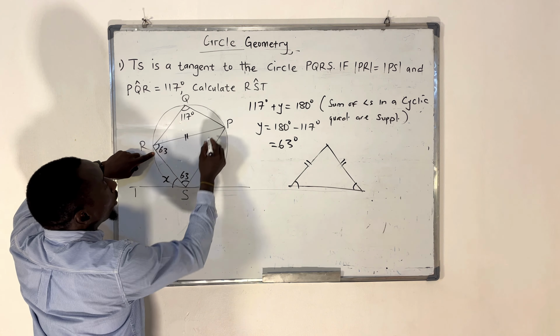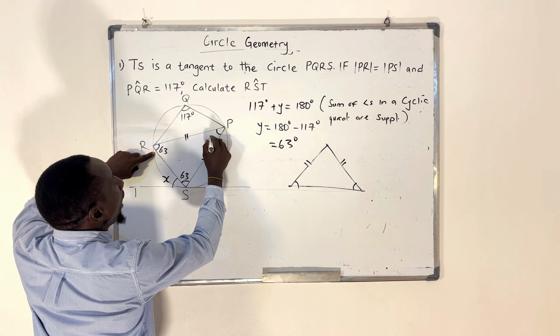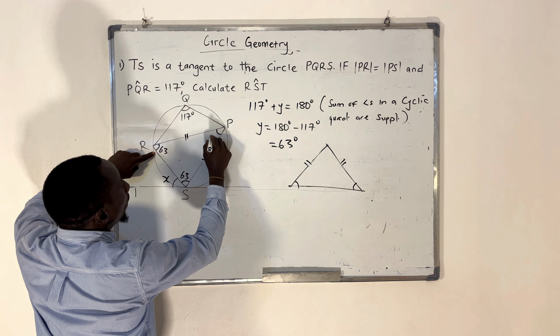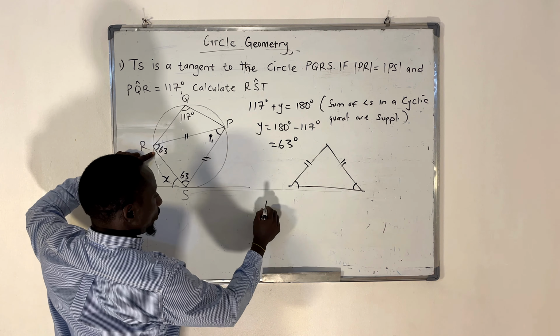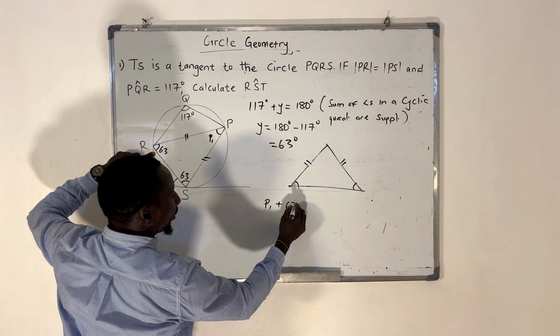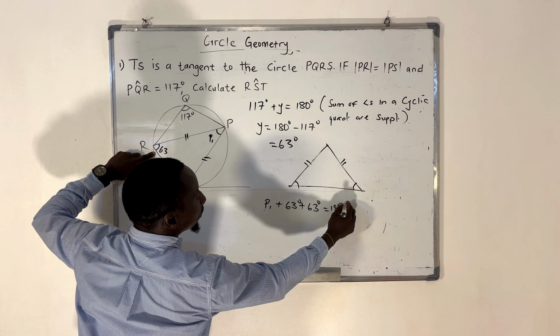Now I need to find this angle. I will call it P1. So P1 plus 63 plus 63 is equal to 180.